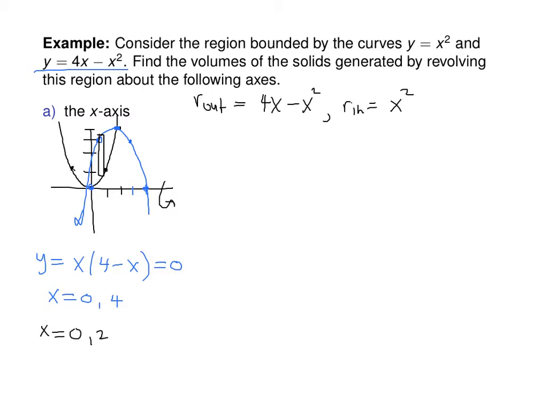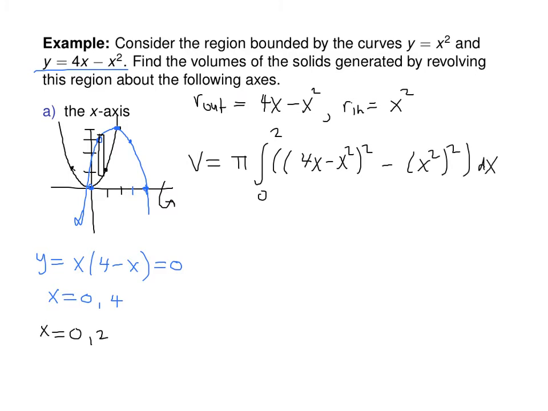But now you should get the idea. The volume will be pi times the integral from 0 to 2 of r out squared, so (4x minus x squared) quantity squared, minus (x squared) squared. And once you work that all out, you should get 32 pi over 3.